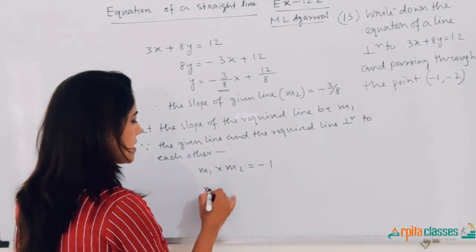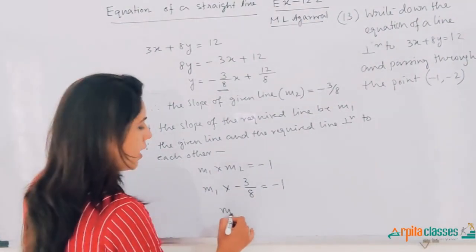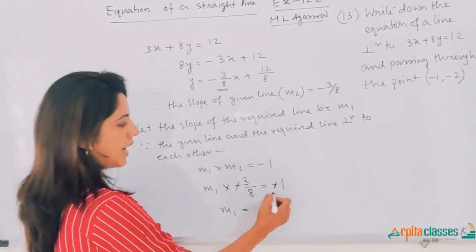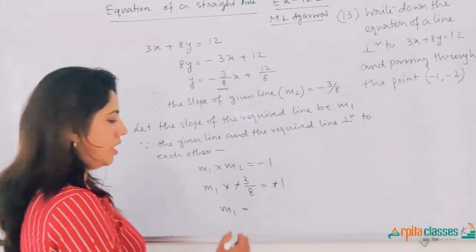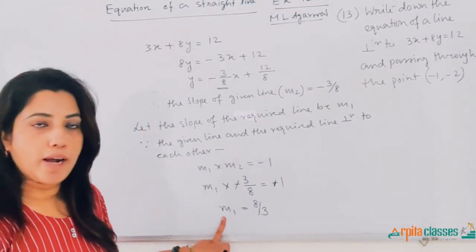So m1 is this, m2 is minus 3 upon 8 is equal to minus 1, or m1 we get minus and minus gets cancelled, 3 by 8 goes that side. So m1 we get 8 upon 3. So this is the slope of the required line.